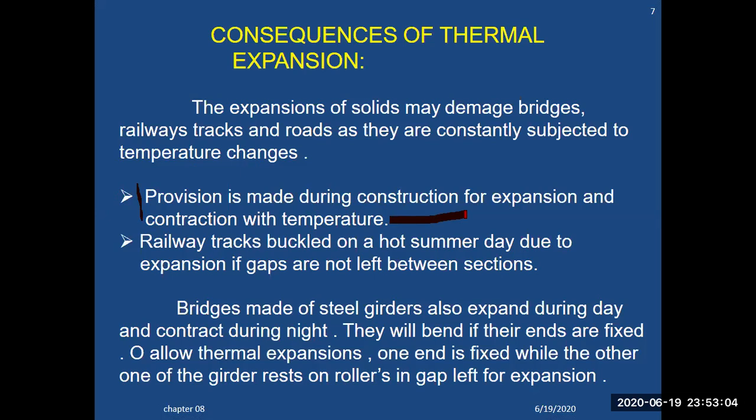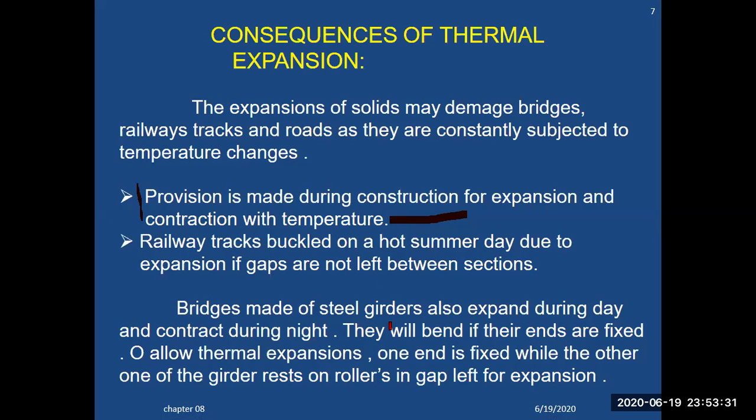Sometimes if you don't consider it, it results in a big loss. Railway tracks buckled on a hot summer day due to expansion. If gaps are not left between the sections of the railway track, they will buckle and turn over. So they can be a source of big accidents in some cases.